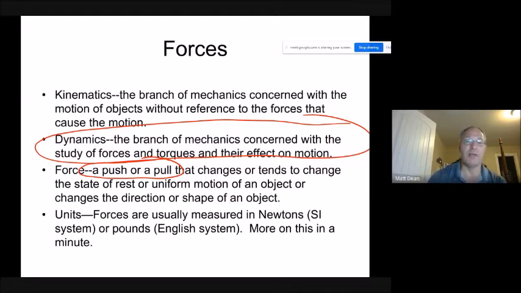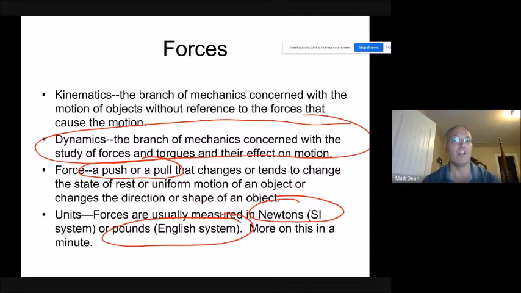Typically in physics, we're going to measure forces in newtons. That's the SI unit. If you're working with the old English system, you could use pounds to measure force. We are very rarely going to use pounds in physics. We're going to stick with newtons. And we're going to talk more about what a newton is in the next couple of slides.